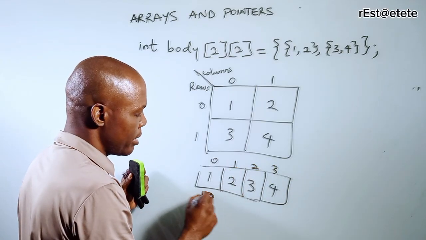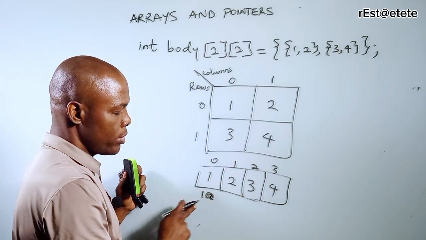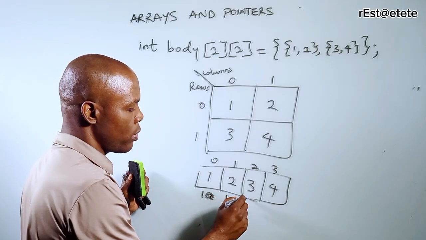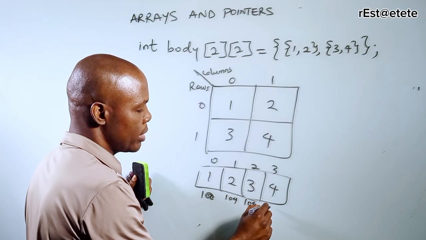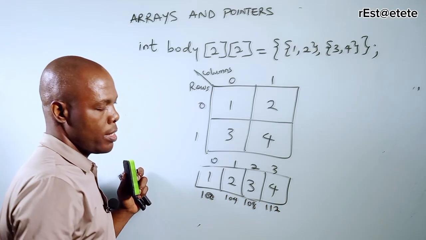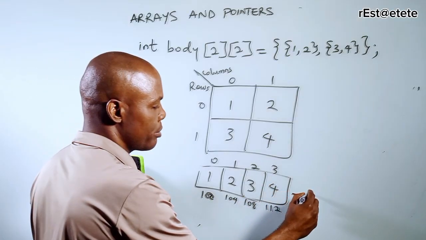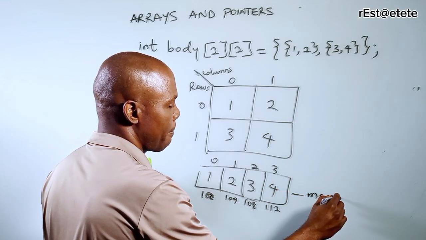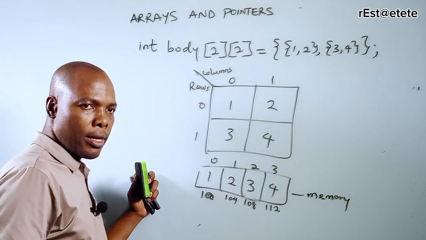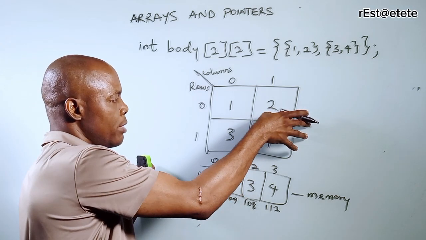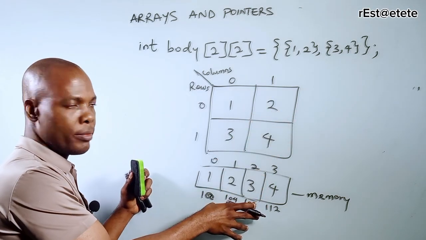So you have 100, for example, the address 100. So this will be what? 104. This will be what? 108. And this will be 112. Right? So this is the memory. Right? So this is the table, and then you resolve it into this.